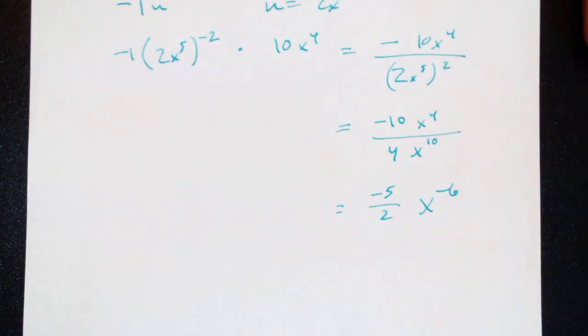Holy crap. If I put together this idea of inside and outside, I take the derivative of the outside, leaving the inside part all alone. And then I take the derivative of the inside and multiply it on. I get the right answer.